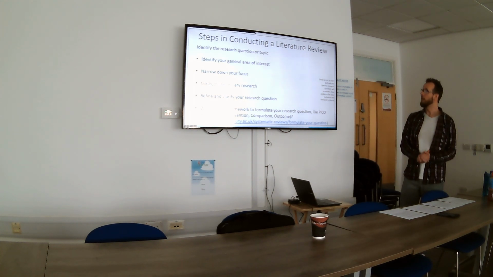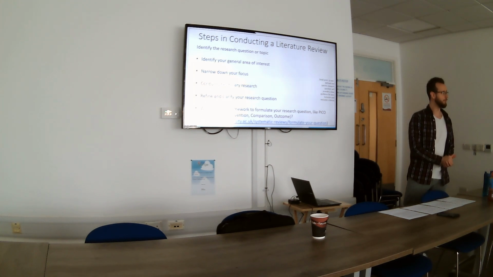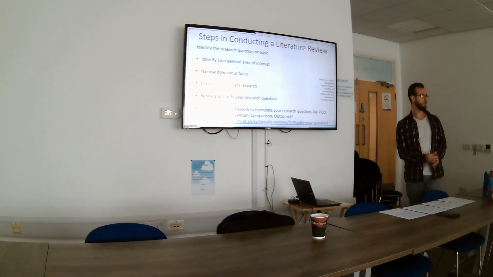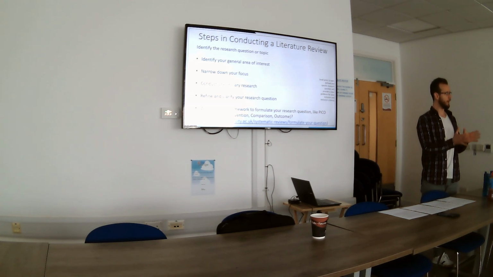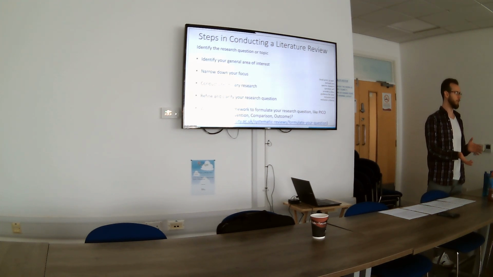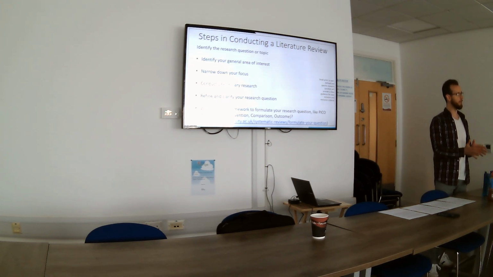The first step to conduct a literature review is that you have to identify your research question or topic. When you approach a literature review, you would know the rough area. You don't just snap your finger and think, I'm going to do a literature review. You would have some kind of broad idea based on your work or your studies.